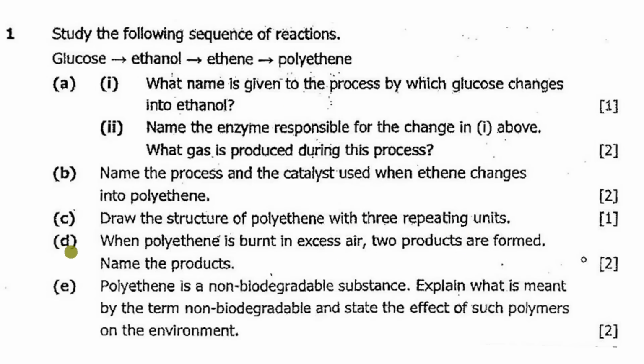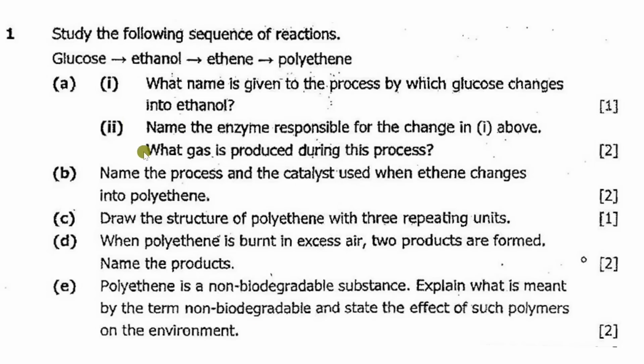Then in D, when polyethylene is burnt in excess air, 2 products are formed. Name the products. Then E, polyethylene is a non-biodegradable substance. Explain what is meant by the term non-biodegradable and state the effect of such polymers on the environment.